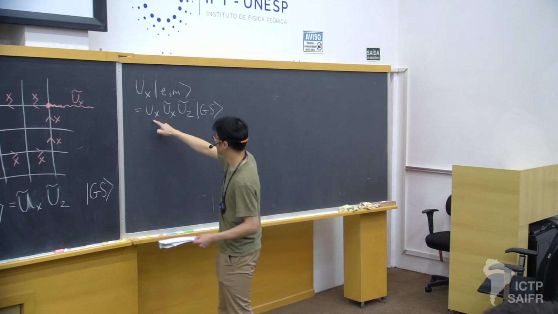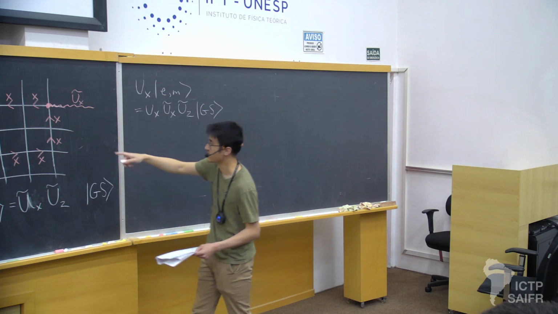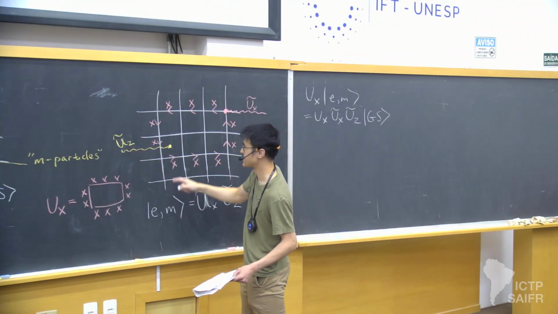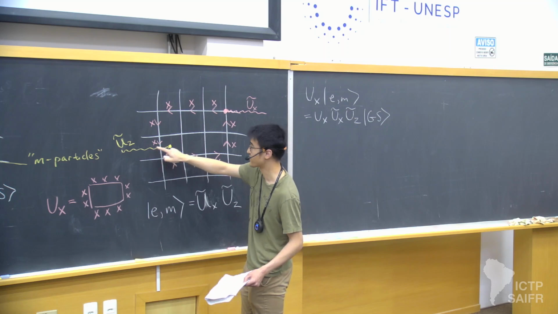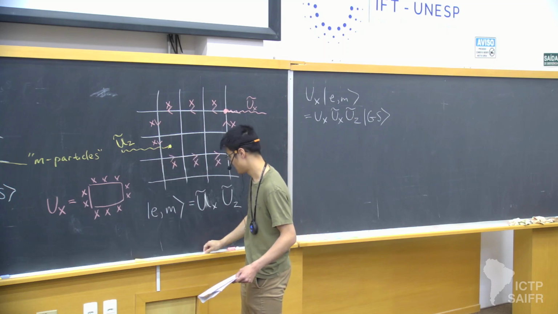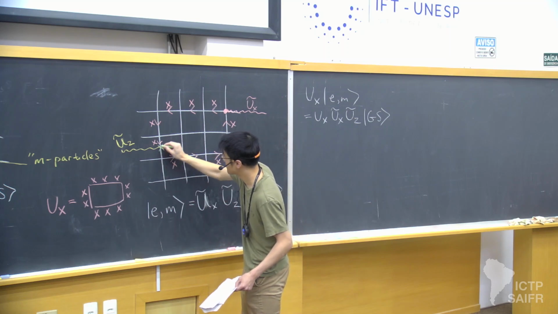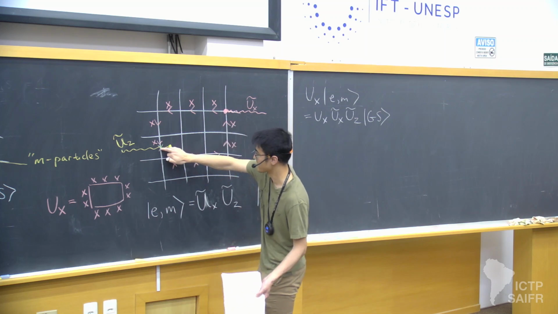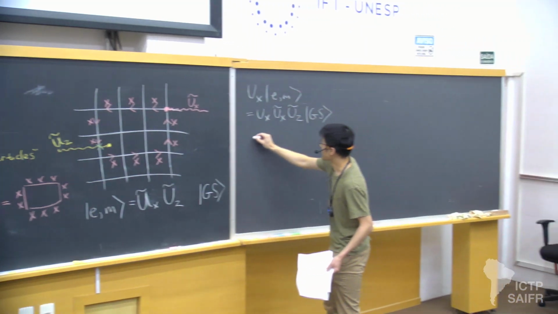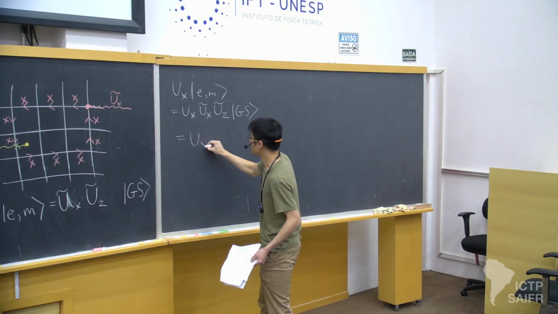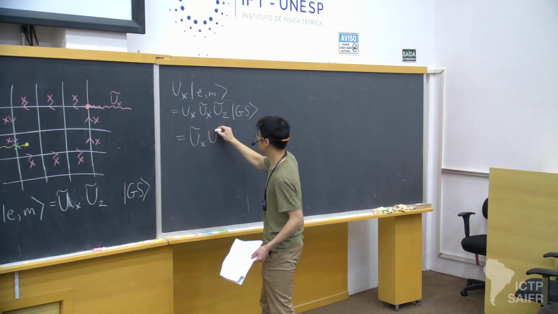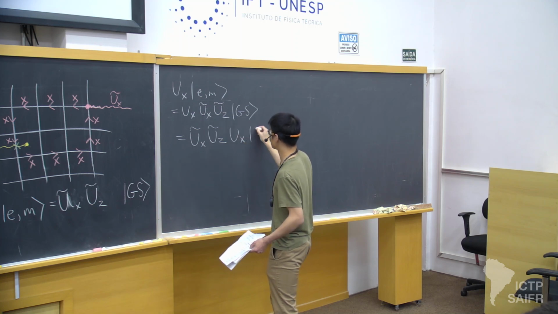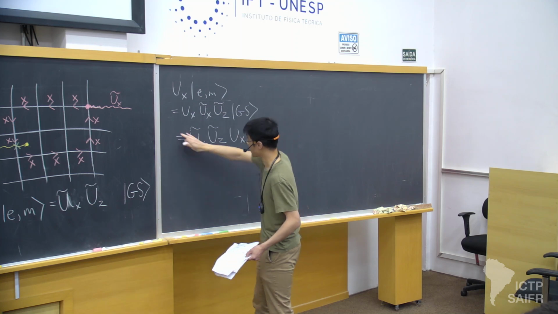But then UX and UZ tilde now anti-commute, right? Because they intersect once right here. Right, so the X will anti-commute with the Z here. So that means that this equals UX tilde, UZ tilde, UX ground state, with a minus sign, right?